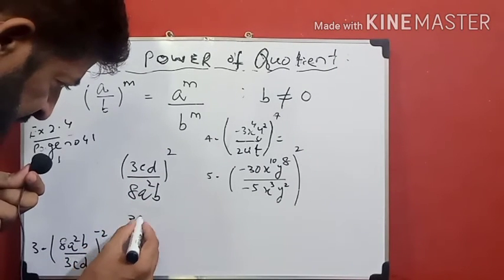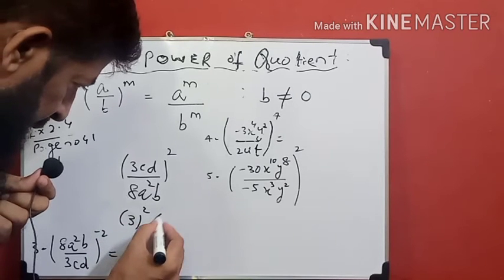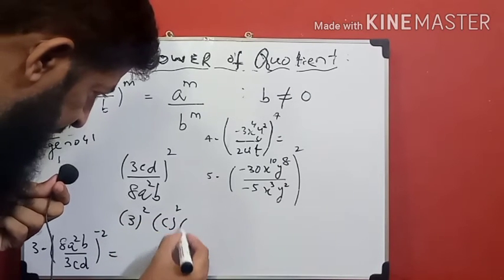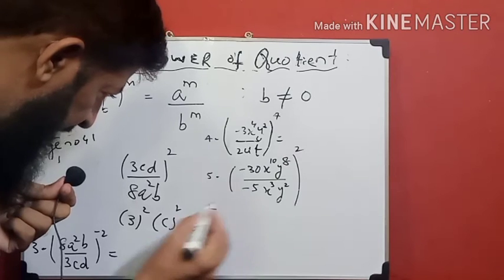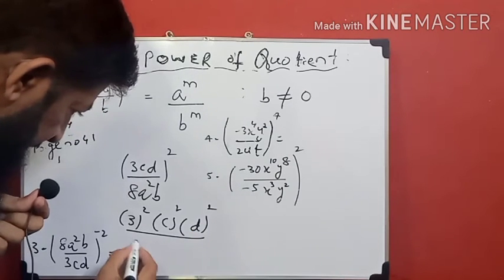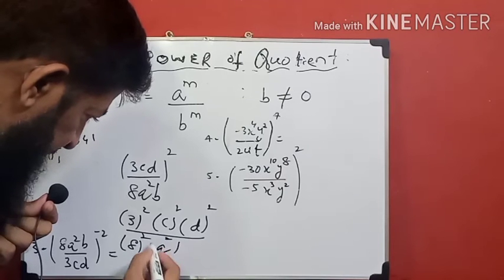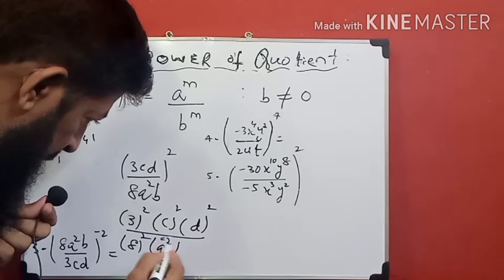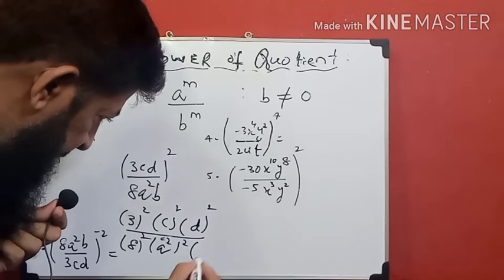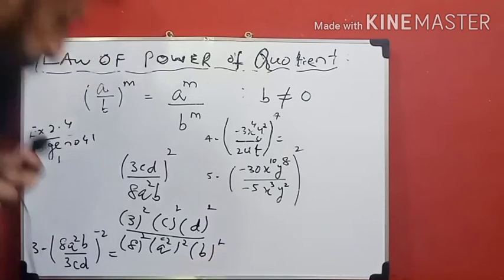That means 3 square, c square, d square, and 8 square, a square raised to power square, and b square.